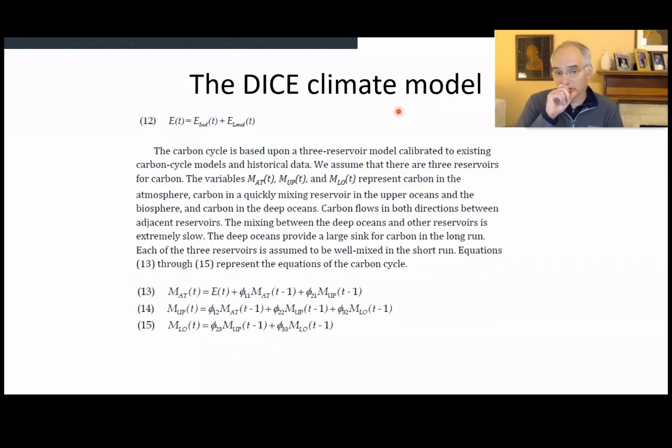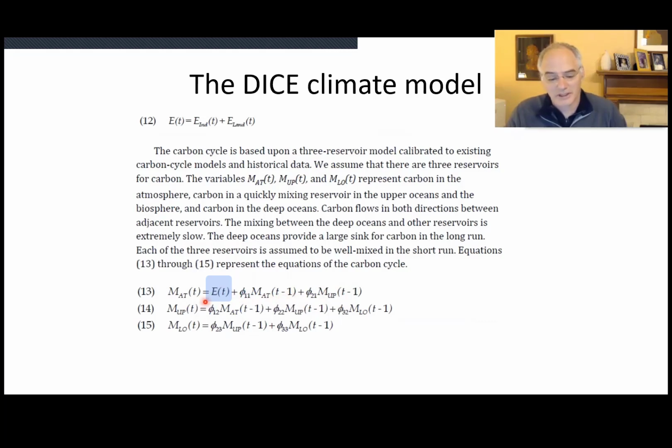Now, going back to this formula, just one thing I'll note here, if you were paying close attention, is that this formula says the concentrations in period T are equal to the emissions in period T plus the lagged, or previous period, values of the amount in the different reservoirs.